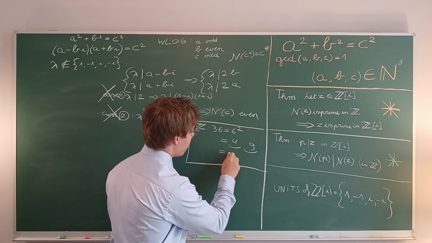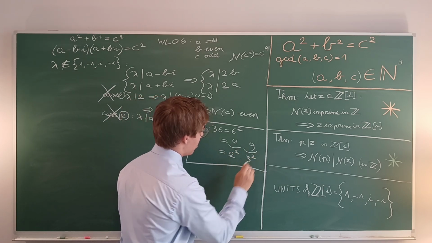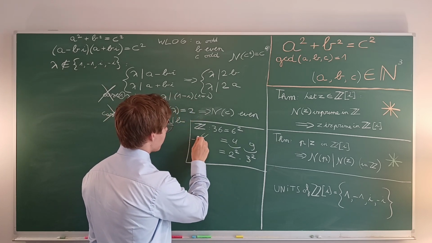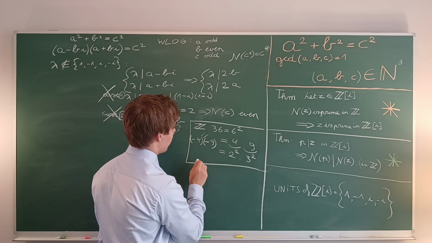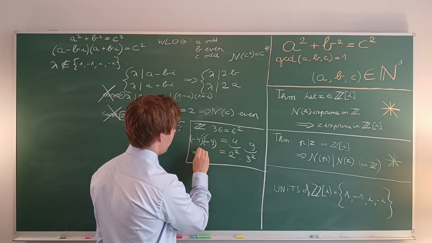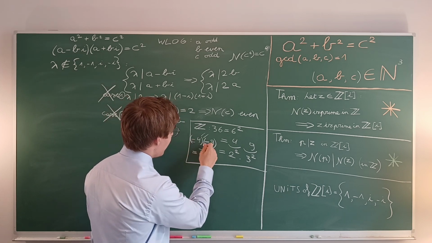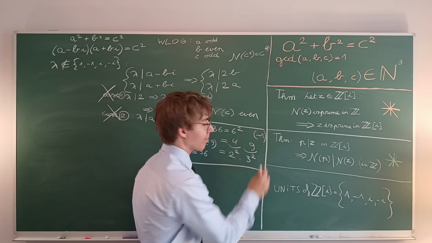Now that are both squares. Now it could also be minus 4 times minus 9. This gives also 36. So they can be multiplied by a unit. In this case, minus 1.